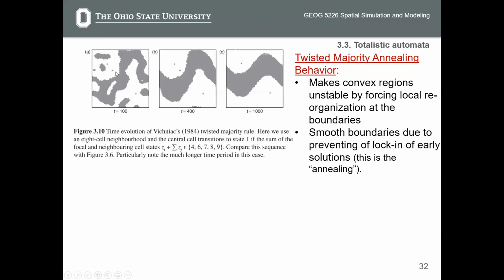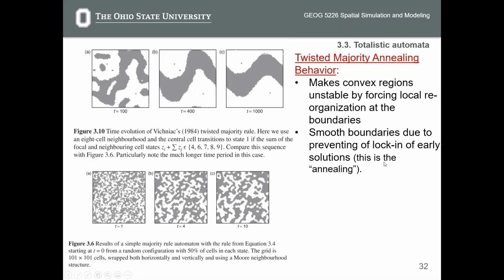At t equals 100, all those clusters of gray cells are convoluted with pretty complex shapes. But when the simulation goes on, the shape of the aggregation of gray cells becomes smoother and less complex. This process is called annealing: smooth boundaries due to preventing lock-in of early solutions.